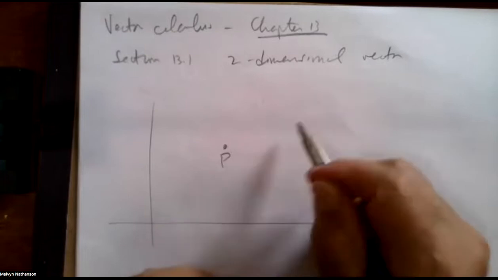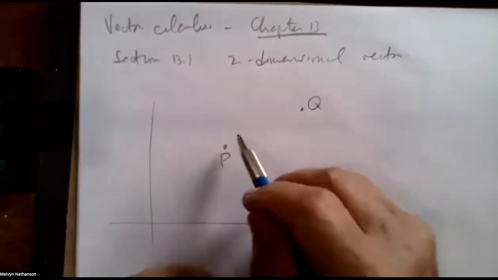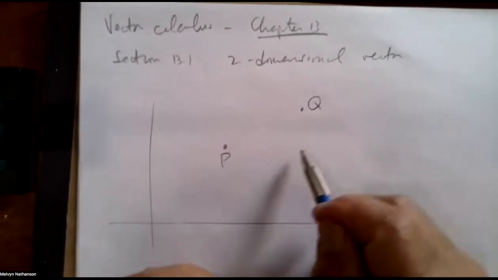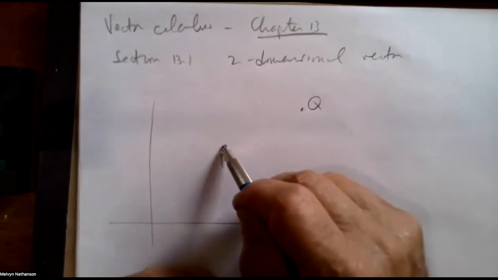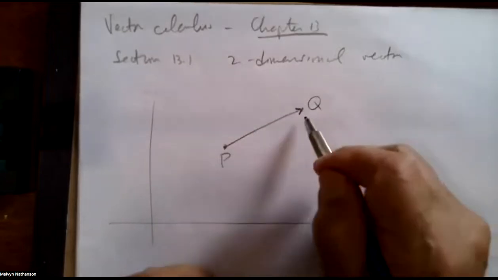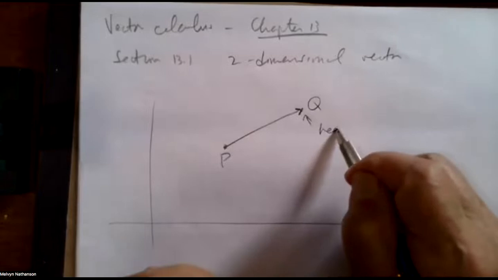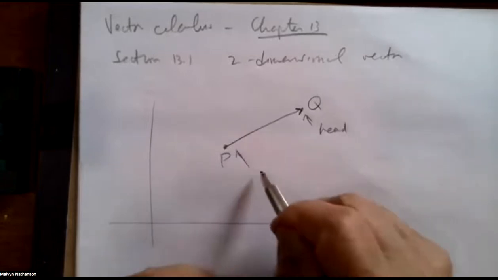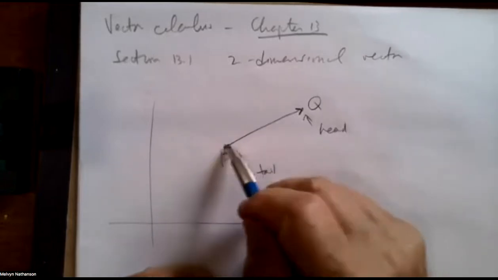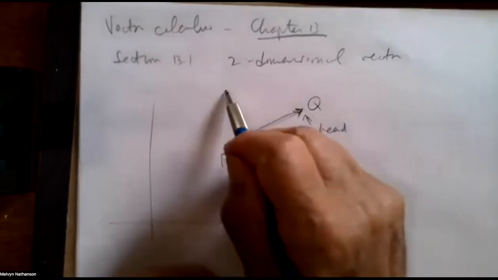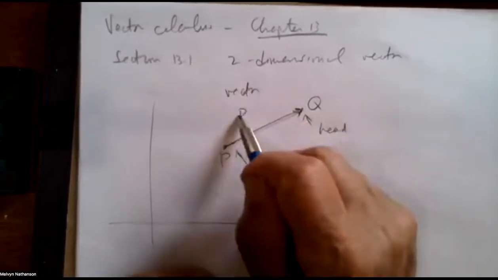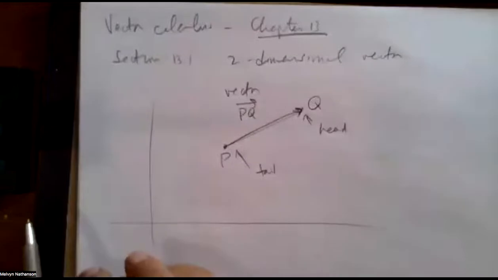And if you have a point P and a point Q, the vector from P to Q, you can draw this as an arrow from P to Q. So this is the head of the arrow. That's the tail. And we write this vector as PQ with an arrow over it.